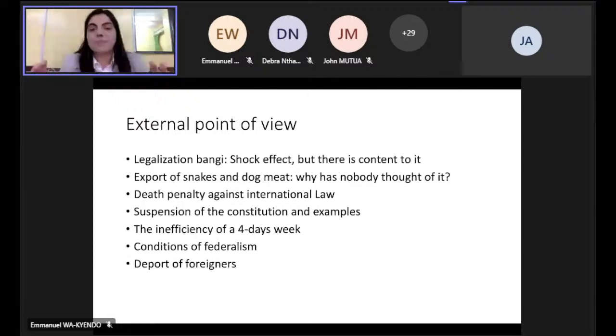Next, the suspension of the Constitution. As a matter of legal theory, like Emmanuel already explained, within a republic, a constitution is the ultimate legal command. What he talks about is an uncodified constitution, a constitution made up of rules found in various documents without having a full constitution.